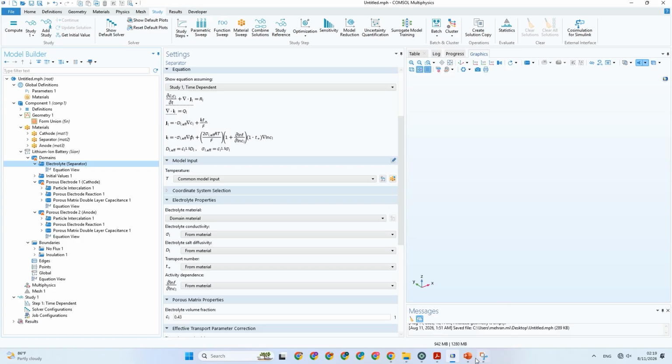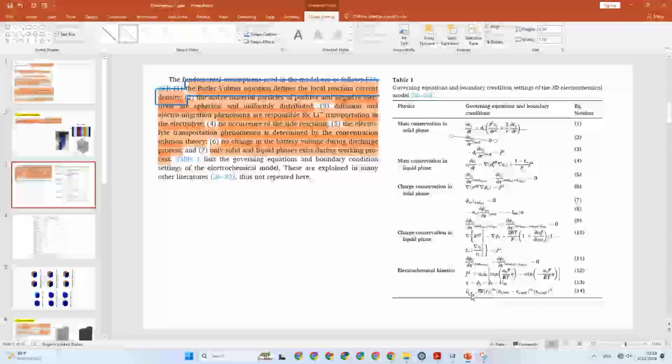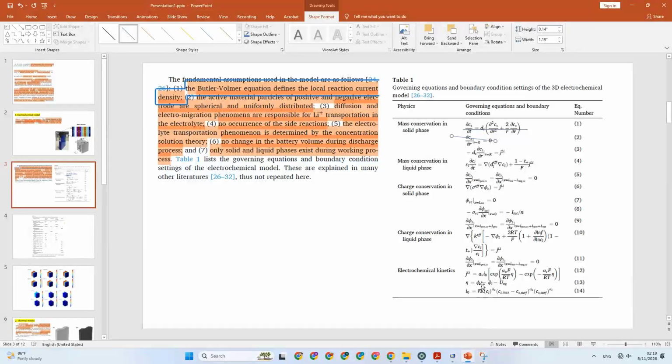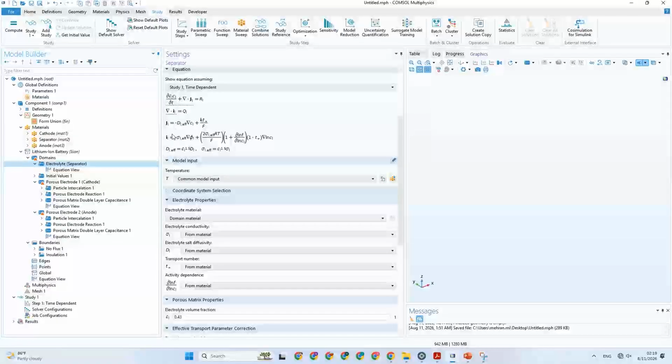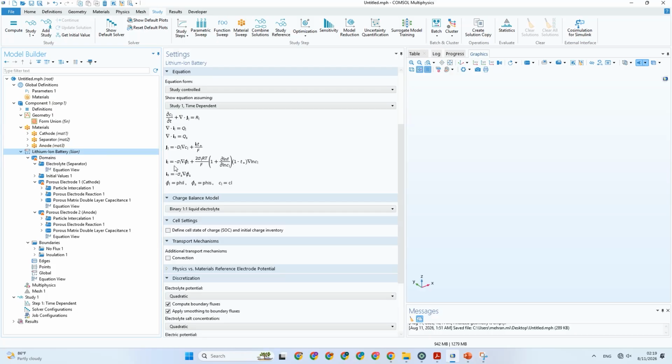IL is equal to this. They talk about IL. Where is IL? Here maybe. They talk about charge conservation, gradient, JLI. Yes, it is here, JLI.